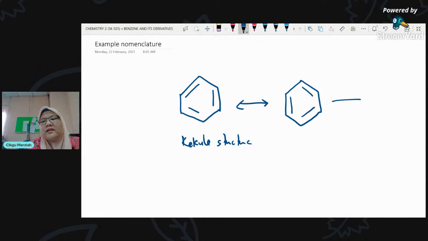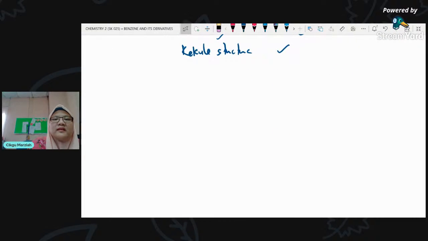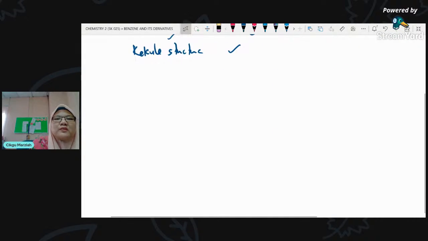So bila kita hybridkan dua tu atau kita combine dia, barulah kita dapat sebab tu ada yang buat bentuk macam ni. So usually mana-mana pun boleh diterima because this is a Kekulé structure of benzene. Okay, so yang tu awak boleh baca kat buku pun ada. So kita terus nak pergi kepada yang penting, which is nomenclature.